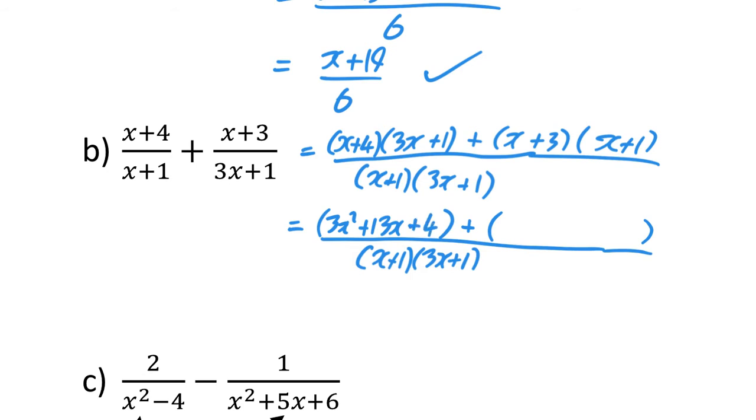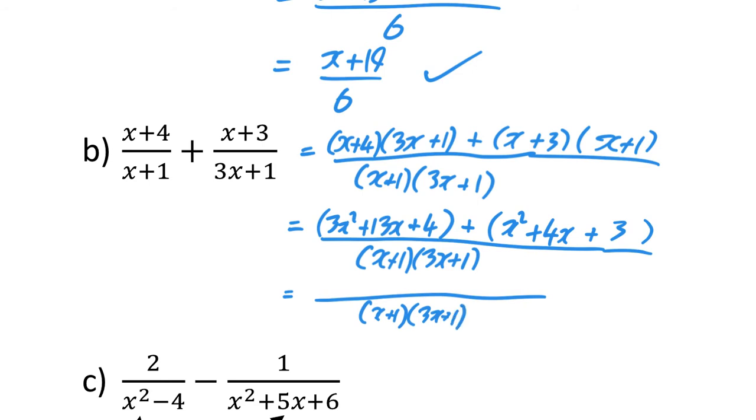Over in the other one, I've got x times x, I've got x squared, I've got x times 1, which is 1x, I've got 3 times x, which is 3x, so it'll become 3x plus 1x is 4x, and 3 times 1 is 3. And then you can tidy up. I've got x plus 1, 3x plus 1, and top line becomes 4x squared plus 17x plus 7.